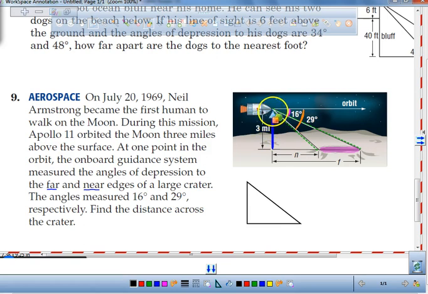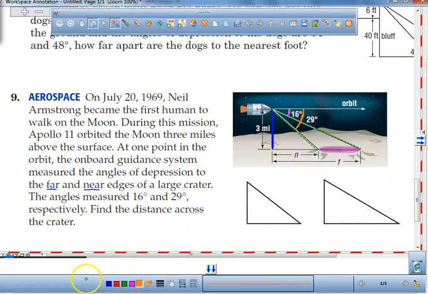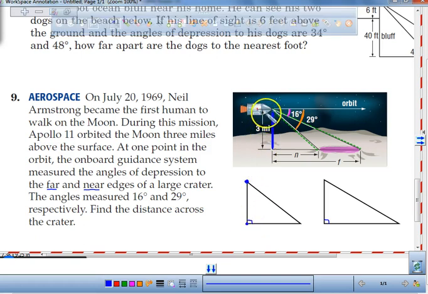Now, I'm going to trace the other triangle right here, and make it a little bit longer. My right angle is right there. What's the distance from here to here in both cases? 3, so put 3 miles, and put 3 miles.